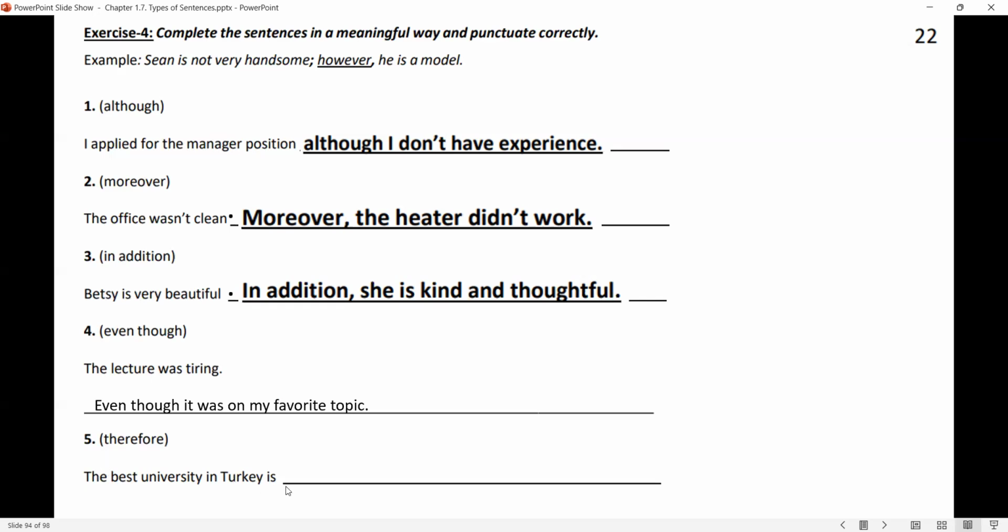Number 5, the best university in Turkey is, you can choose the best university. Therefore, it is difficult to register at that university. That was my sentence, but you can of course change the answers and write your own sentences. If you happen to have different sentences, please, if you're not sure about your sentences, check them with me on Tuesday.